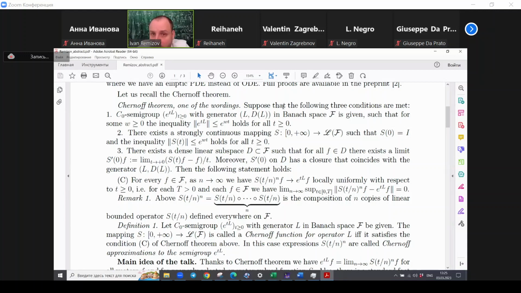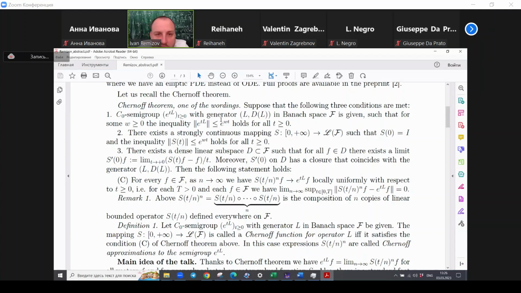So suppose that the following three conditions are met. First, we have a C0 semigroup with generator L in Banach space F, and for some omega, this inequality holds for all t. Such semigroups are called quasi-contractive.